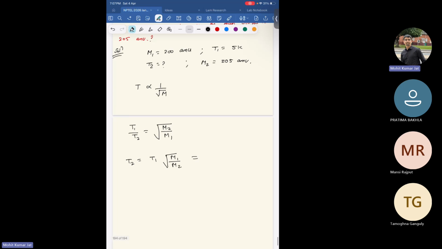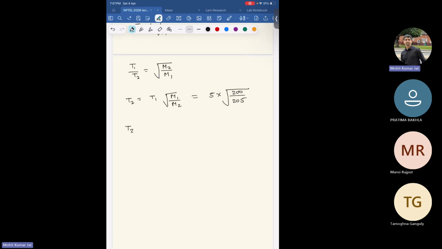T1 is 5 Kelvin. Square root of m1 by m2, where m1 is 200 and m2 is 205. So this gives T2 equals 5 times, let's calculate, 200 divided by 205, and the square root of it, 0.9756 will be 0.9518.